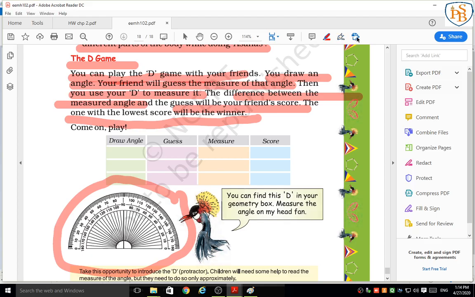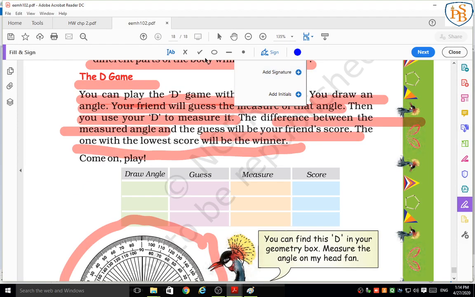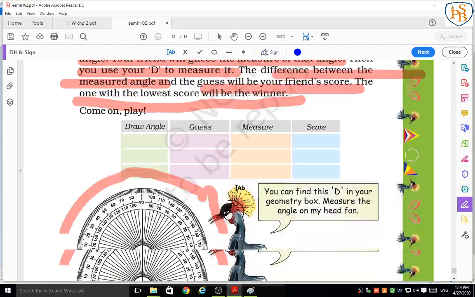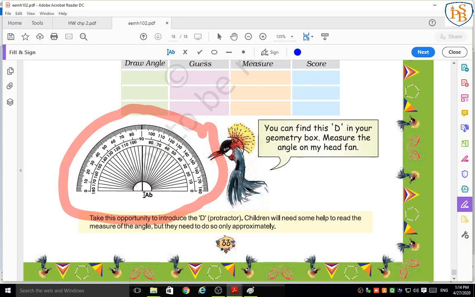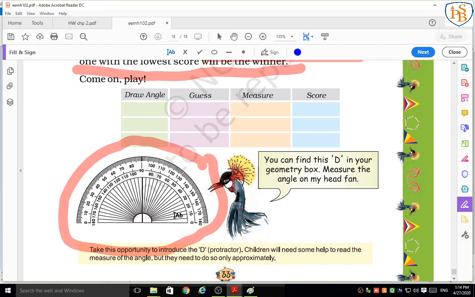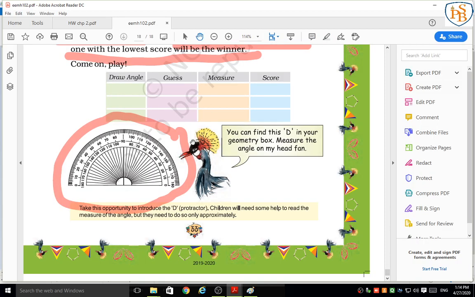Here you can see on that D we have some numbers starting from 0, 10, 20, 30, 40, 50, 60. Correct, students? So from this side we can measure.